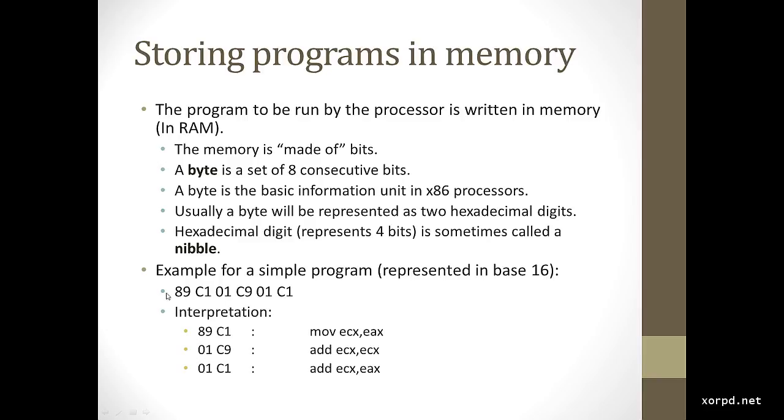The processor is going to look at these bytes and try to interpret them. In this example, the first 2 bytes, 89 and C1, are going to be interpreted as one instruction, which looks like this if we translate it to our language, the language of humans.